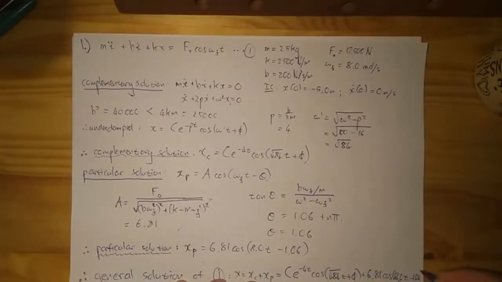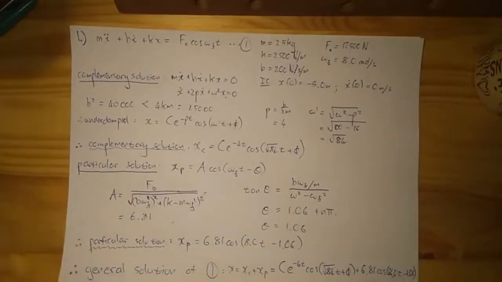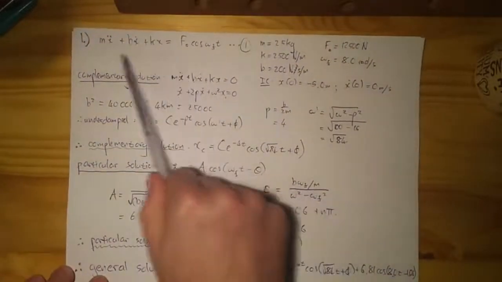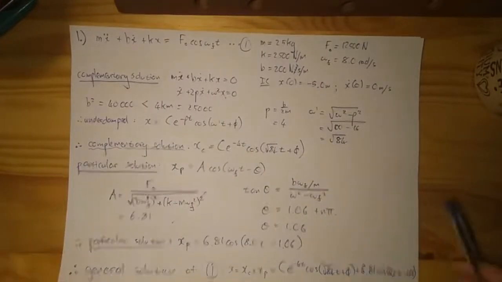All right, so there's a general solution. Any and all solutions of that differential equation can be found in here for the correct values of c and phi. So are we done?